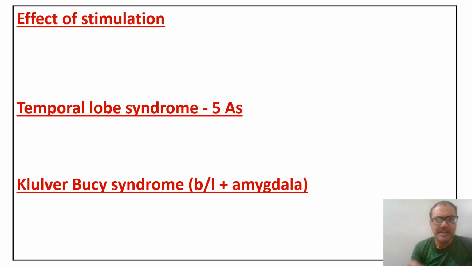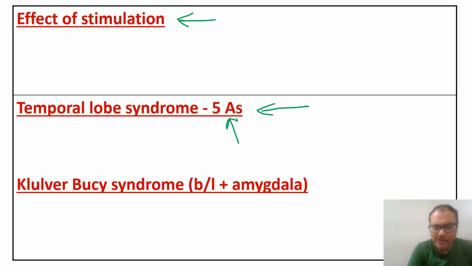After completing seven functions, let's see the effect of stimulation of the temporal lobe and the effect of removal or ablation of the temporal lobe, which is also called temporal lobe syndrome, which we can remember by 5 A's.